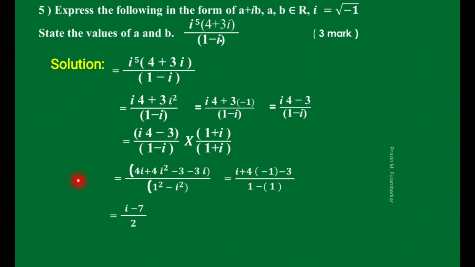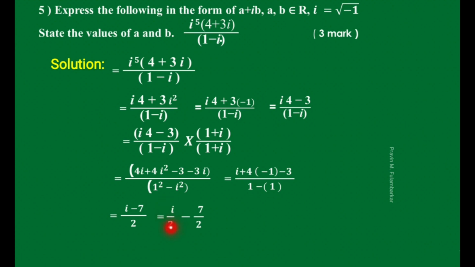Here we write 4i minus 3i, we get i, so we write here i. Then i squared we replace by minus 1, so 4 into minus 1 we get minus 4 minus 3, that is minus 7. In the denominator, i squared is minus 1, so minus minus plus 1, so we write 2.